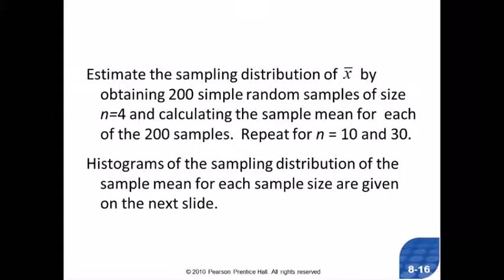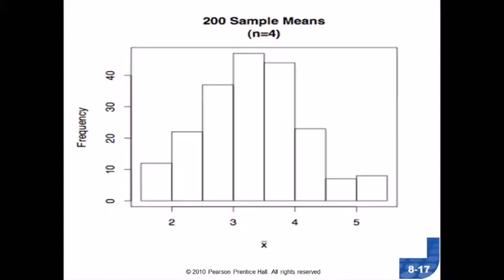So we have our first figure here. 200 sample means when n equals 4. Originally, we have only a rectangle figure, and this time, there's a change now in our histogram. But what if we increase the sample size, which is now 10?